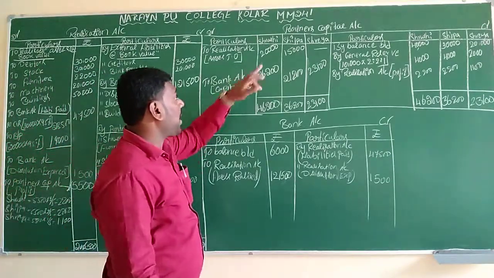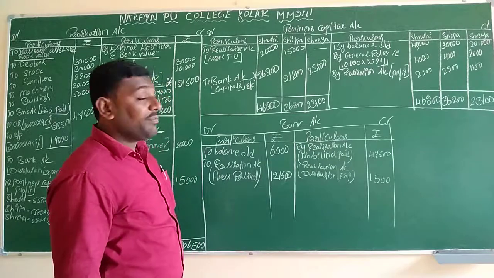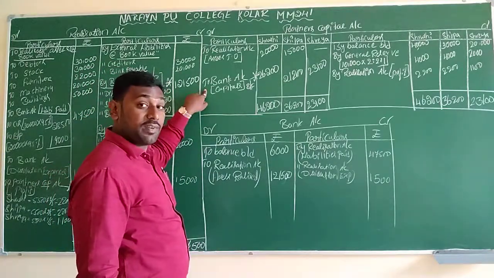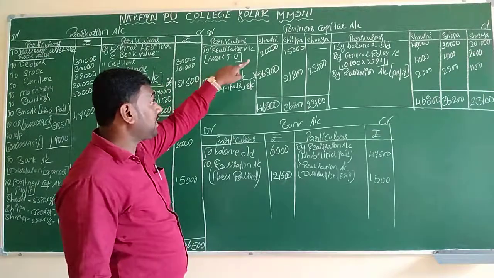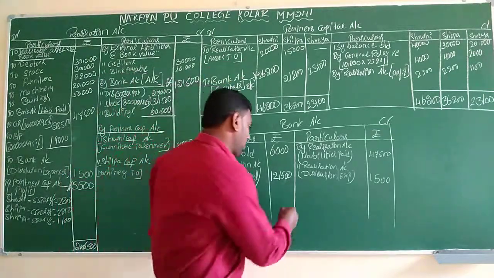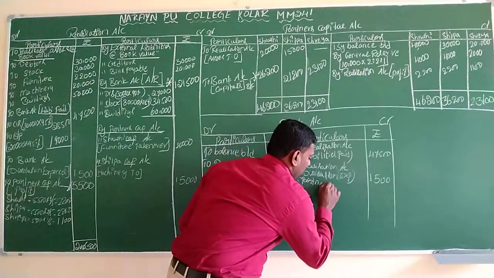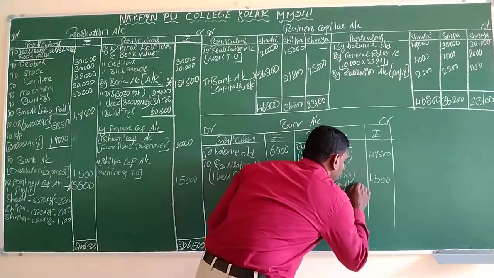Under the second account, partners' capital account, we also use the term bank account. Which side? Debit side. Next time it will become the credit side. In which account will we get the difference? Partners' capital account.